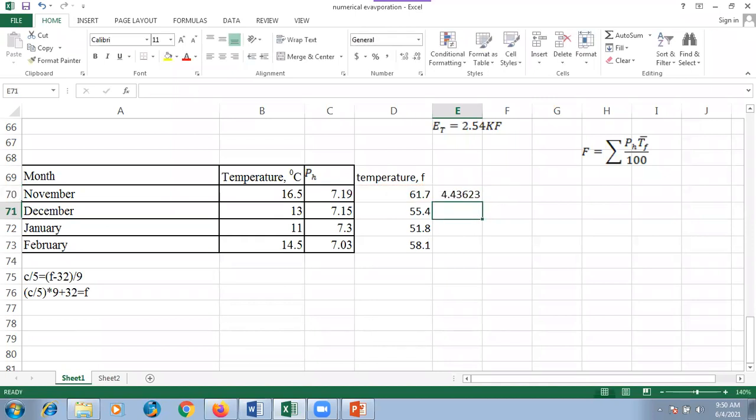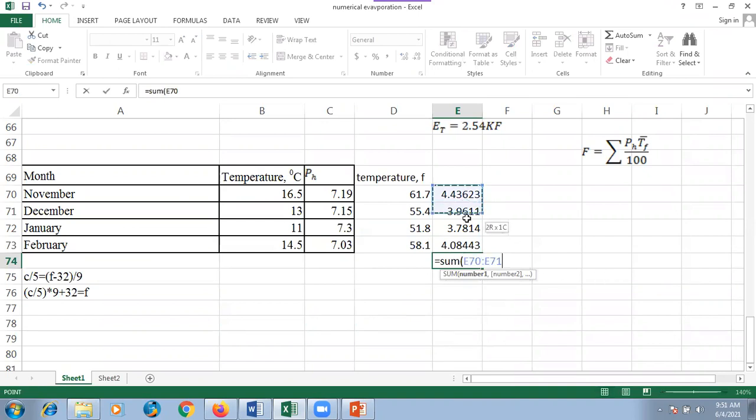You calculate this and you get 4.43623. Similarly, for the other cases also, you do it with the corresponding values of pH and degree Fahrenheit. So sum all of these four, and you get the sum.